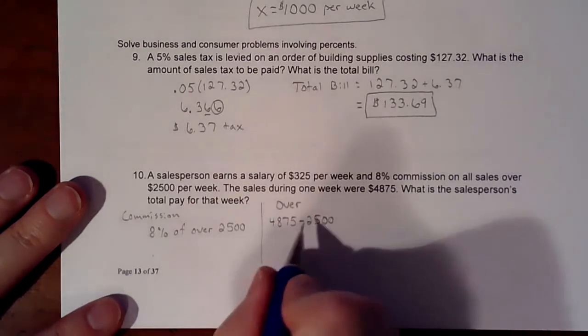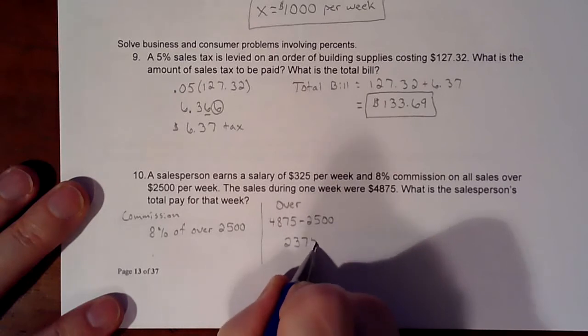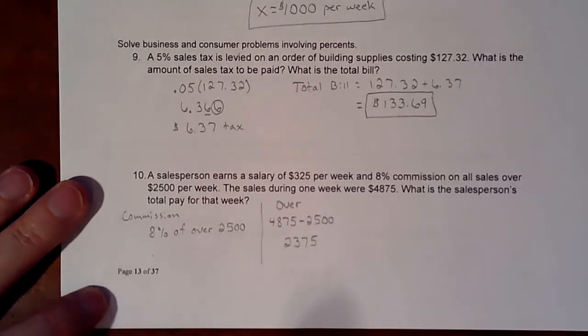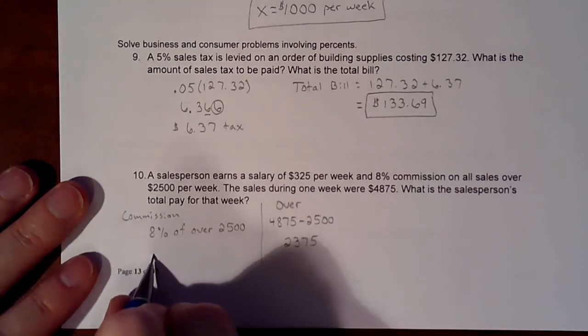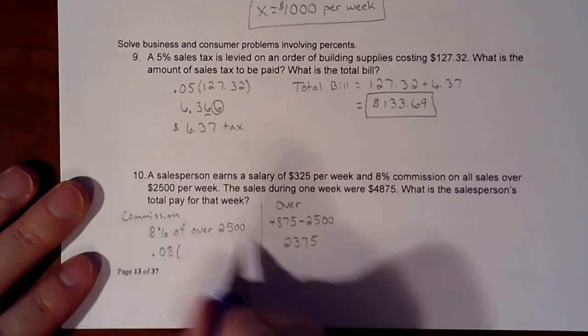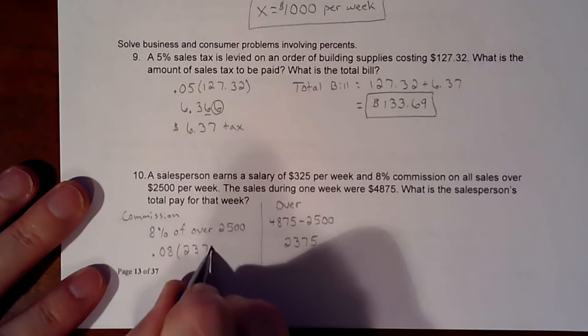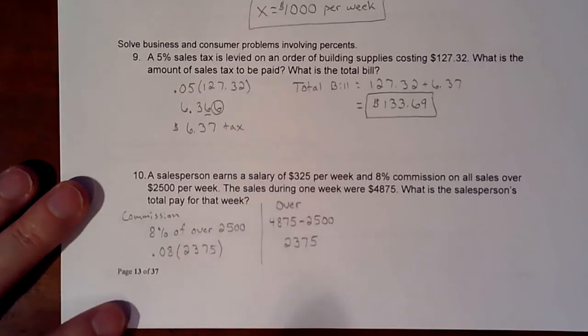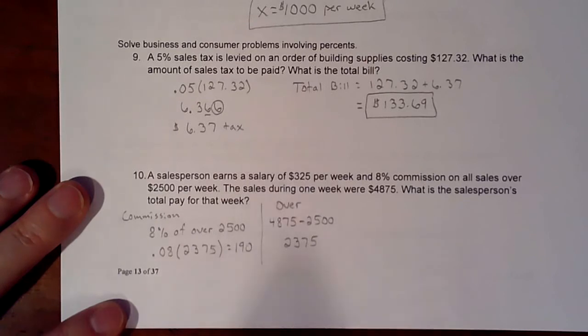So if we subtract these two, that's going to make $48.75. So that's the amount that we get our commission on. So we're at 8%, 0.08, of what was over the 2,500, which is 48.75. So if you throw that into the calculator, that gets you $190 extra, okay, for that week.